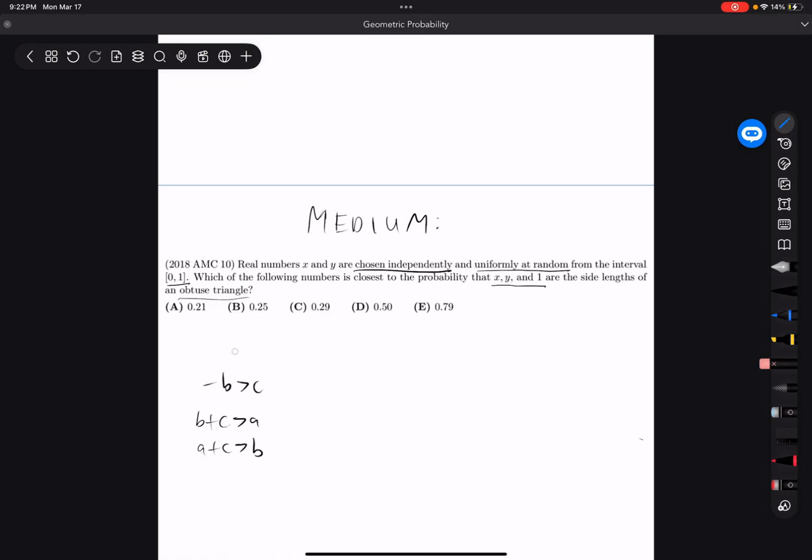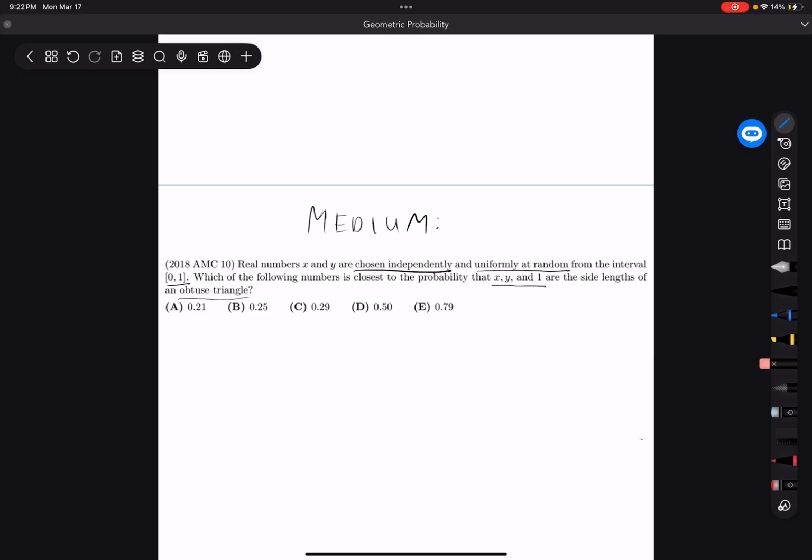It is saying that they are chosen independently and uniformly at random from the interval 0, 1. See how we'd have to use geometric probability here, because from the interval means that you can choose any number. 0.093 is part of this interval. And so there's actually an infinite number of cases, which is why we need to use geometric probability for this problem.